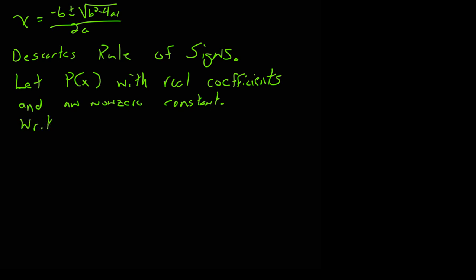Writing the terms in descending powers of x. Right, which is what I've been doing the whole time, right? We've x, the highest power, down. And so what we mean by this non-zero constant.